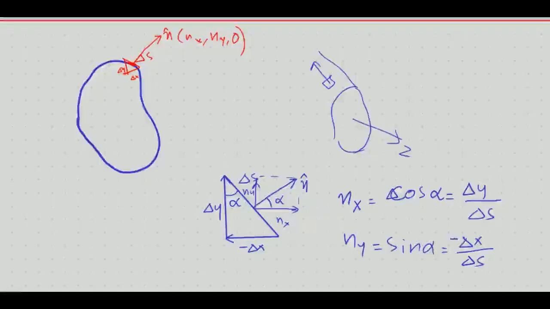A negative sign is there since delta x is directed in this direction.